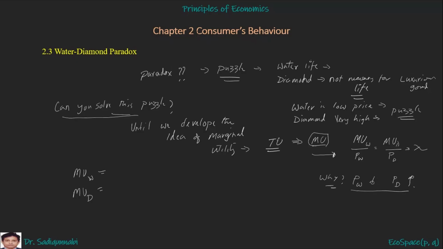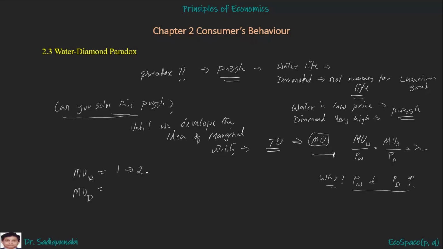MU means if you have one unit and want to add one more unit, what is the extra satisfaction you are getting? If you consume one glass of water, the next glass of water is less useful. That means you are thirsty, so one glass, at best two glasses.